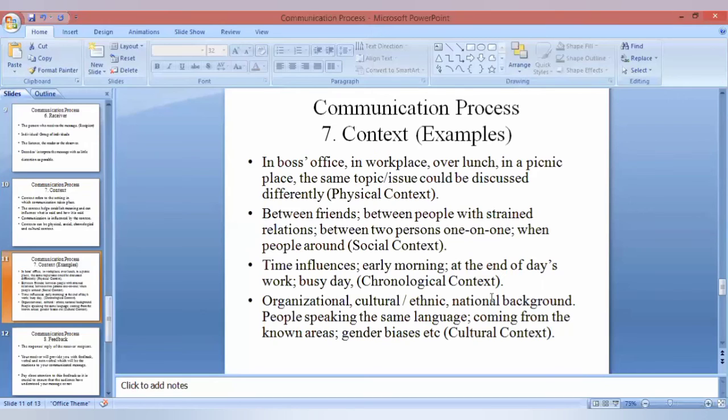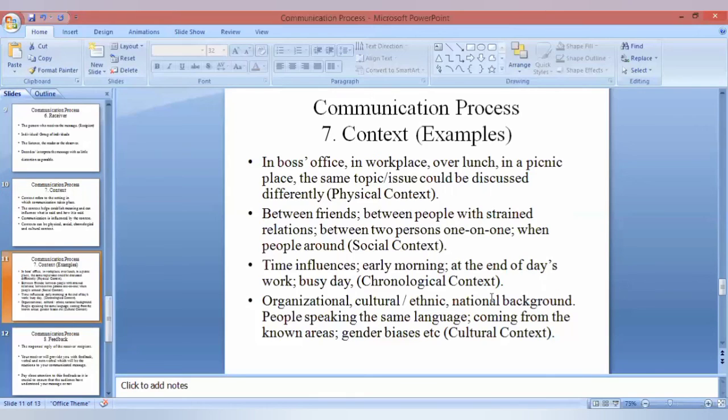And then there is social context as well. For example, if an issue is discussed between friends, or between people with strained relations, when the relationship between them is not good, between two persons one on one, or when people are around. This is a social context, like when you are surrounded by your friends.